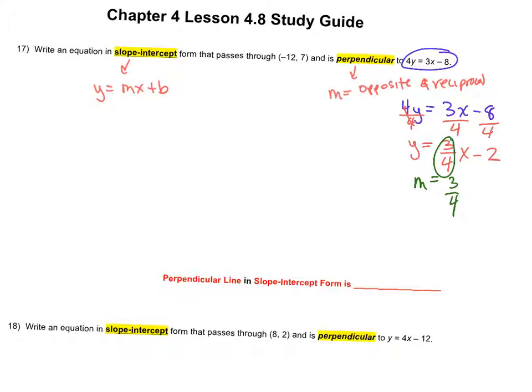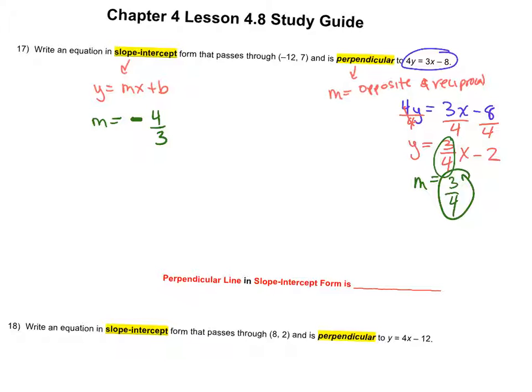Negative 4/3. The slope of the new line has to be, well, this is positive, so negative, and the reciprocal of 3/4 is 4/3. The only thing I have done is figured out what the slope of the new line is.